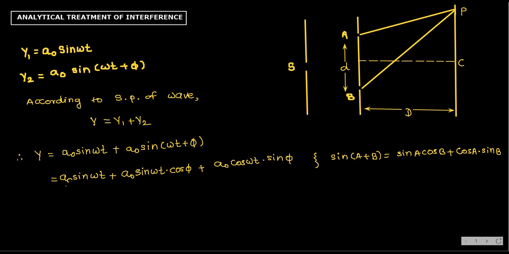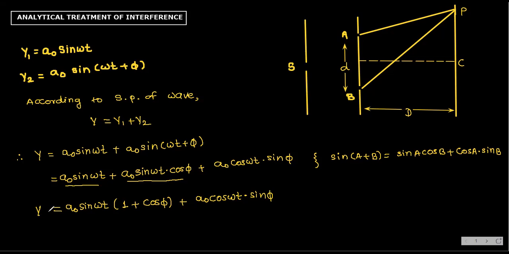If I take A0 sin omega t common from the first two terms, what is left is 1 plus cos phi, plus the last term as it is, A0 cos omega t into sin phi.